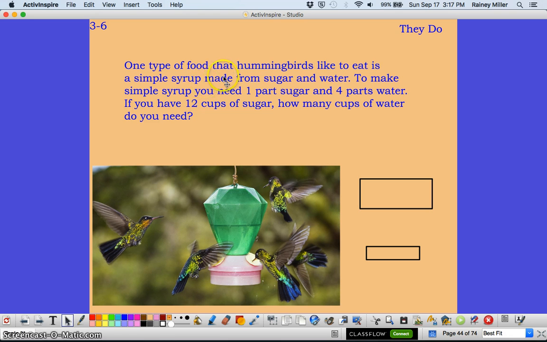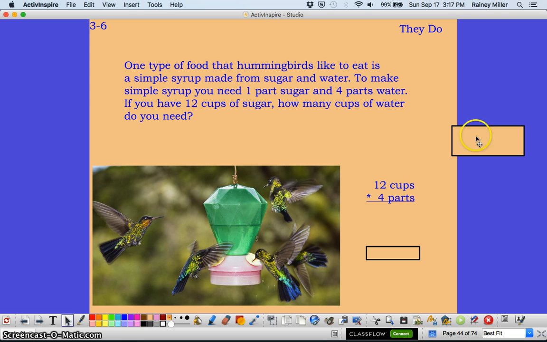Okay, one type of food hummingbirds like to eat is a simple syrup made from sugar and water. To make the simple syrup, you need 1 part sugar and 4 parts water. If you have 12 cups of sugar, how many cups of water do you need? So I'm going to recopy this down. I know that for every cup of sugar, I'm going to need 4 cups of water.